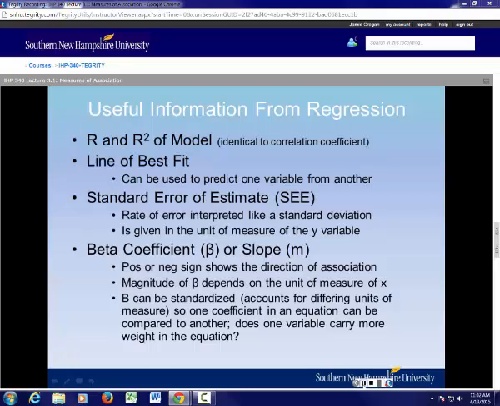And so once you standardize and account for the different units of measure of all of the x variables in the equation, you can compare one to another to see which one carries the most weight. The bigger the standardized beta coefficient, the more weight it carries in the equation.